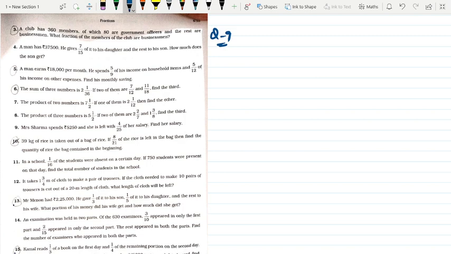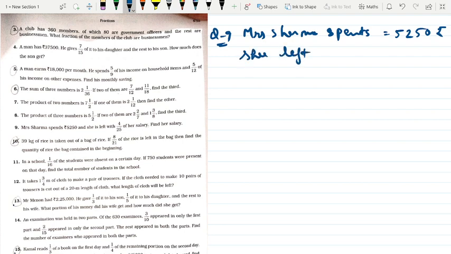In question number 9 it is given Mrs. Sharma spends 5,250 rupees. She is left with 4 upon 25 of her salary.